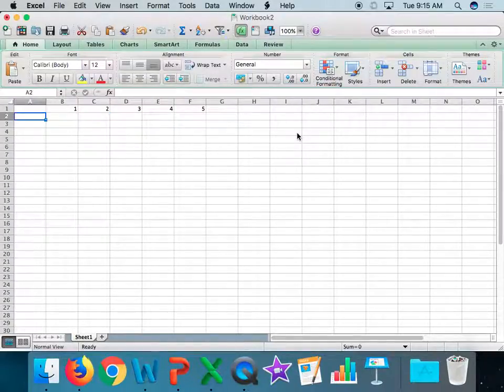Then, in cell A2, we're going to put our first category. Look at your sheets. Who can tell me what was our first category that we took data on? Yes. Satisfaction. So we're going to type that in. All right. Next one. What was our next category that we took data on? Yes. It was popularity.